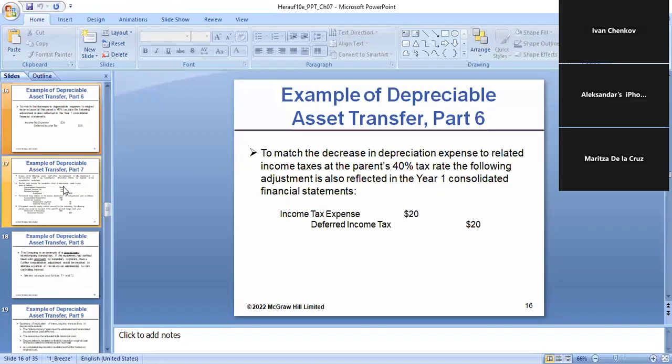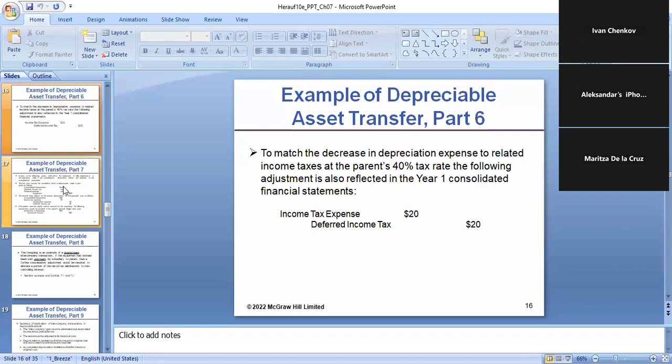Now the income tax expense has to match the depreciation, because remember, the $50 extra on the subsidiary's books is going to reduce the income tax as well. With 40%, that will be $20.